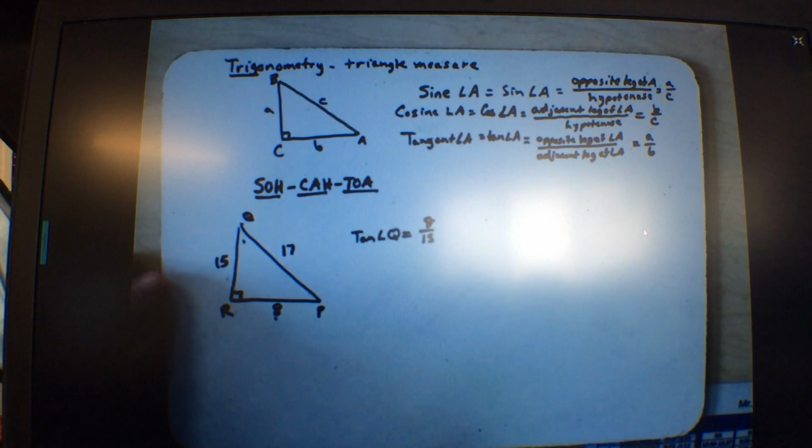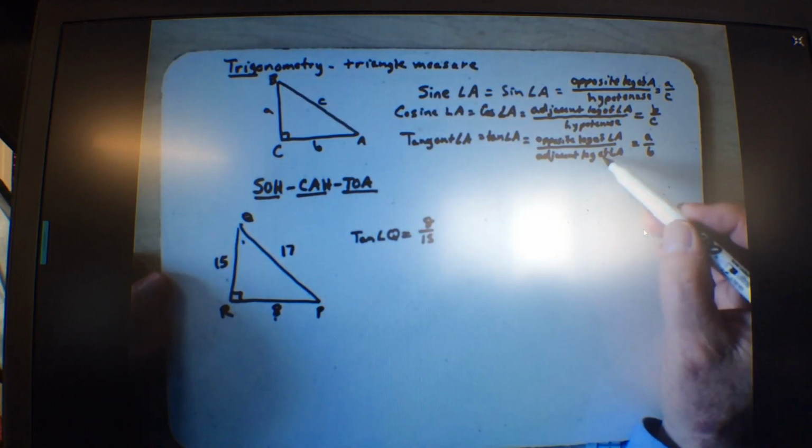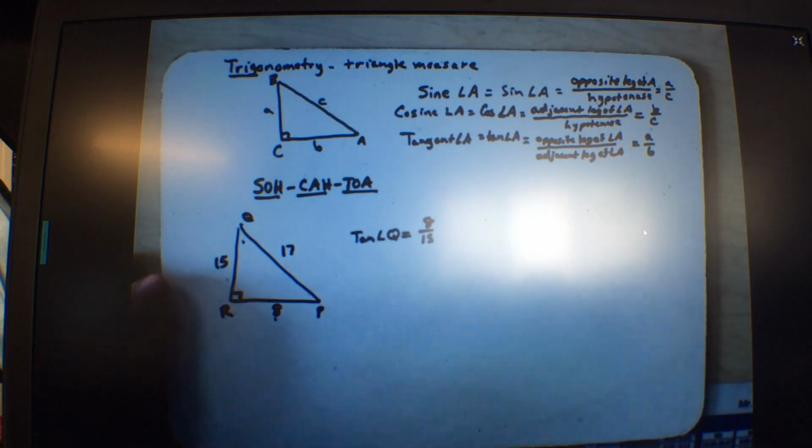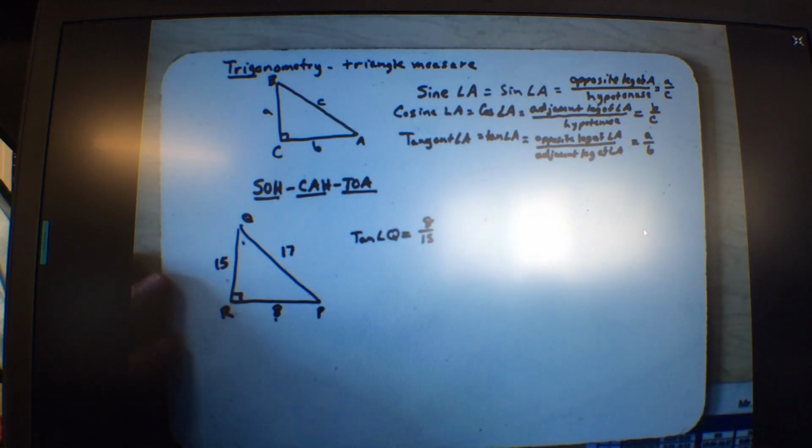So that ratio is that. Do you understand that? And it's not over 17 because that's the hypotenuse. Right. The hypotenuse is not in the tangent ratio. Yes. If it was like 8 over 16, would you have to simplify? Yes. Okay. Good question.